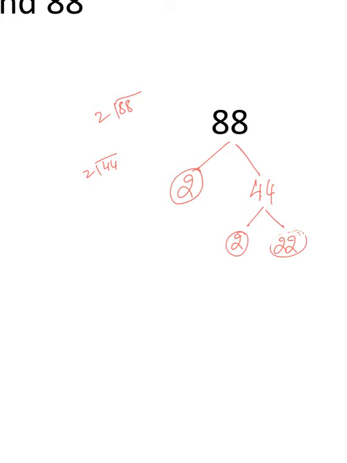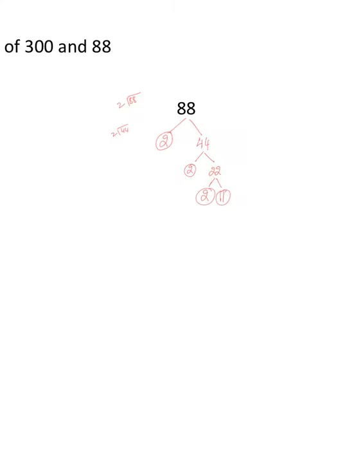I should not circle it because it's not a prime number, it's a composite, so I need to continue and factor it. Alright, let's keep going. Divide by 2, you get 11. So 2 is a prime, and 11 is a prime number. Alright, let's write down the expanded form. It will be 2 times 2 times 2 times 11. Exponential form will be 2 raised to the power of 3, so we have 3 of them, multiplied with 11.